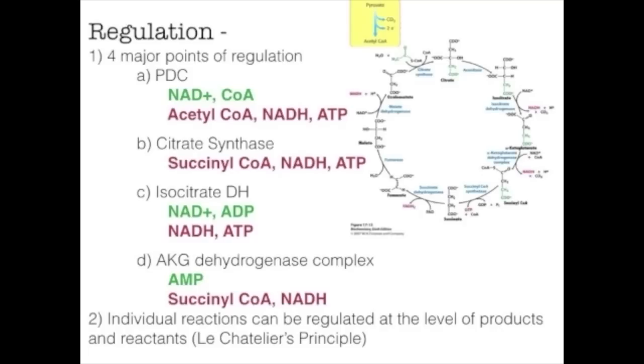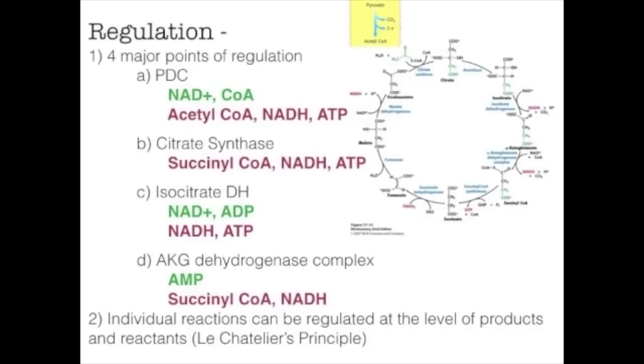Citrate synthase is downregulated by succinyl-CoA, NADH, and ATP. These are all downstream products of the TCA cycle that feed back to downregulate the activity of citrate synthase and thereby modulate the entry of acetyl-CoA into the cycle.